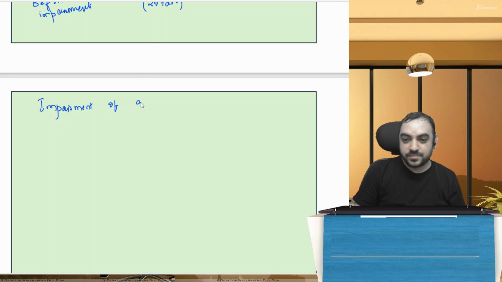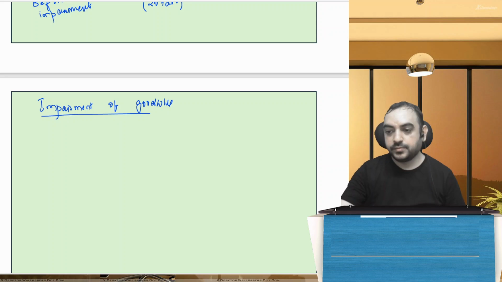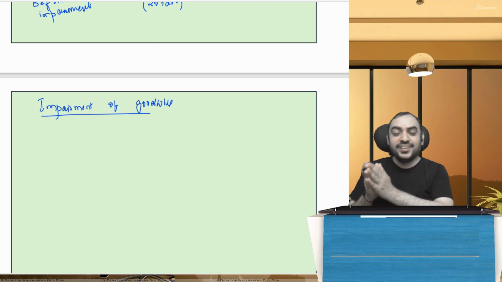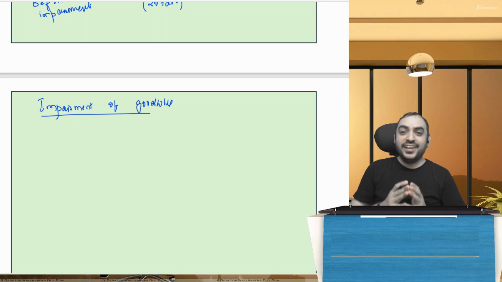Impairment of goodwill. Okay, now impairment of goodwill calculation. In the normal format, we compare the recoverable amount with the carrying amount. The difference is called impairment, and first we attribute it towards goodwill.